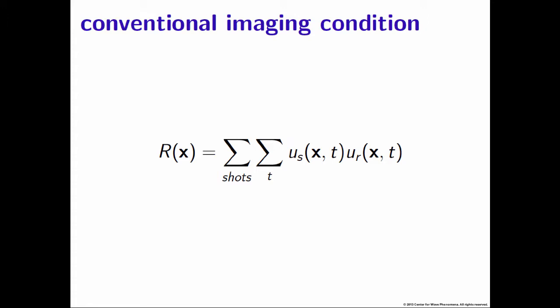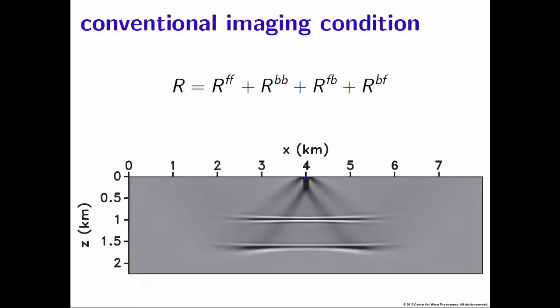However, if we have a model with a sharp boundary in it, the source wavefield will have a downgoing component to the sharp boundary and an upgoing component from the sharp boundary. The same goes for the receiver wavefield. So we will have two wavefields inside the source wavefield and two wavefields inside the receiver wavefield. The combination of these four wavefields will produce the total image, and so we can think about the total image as a combination of four different components.